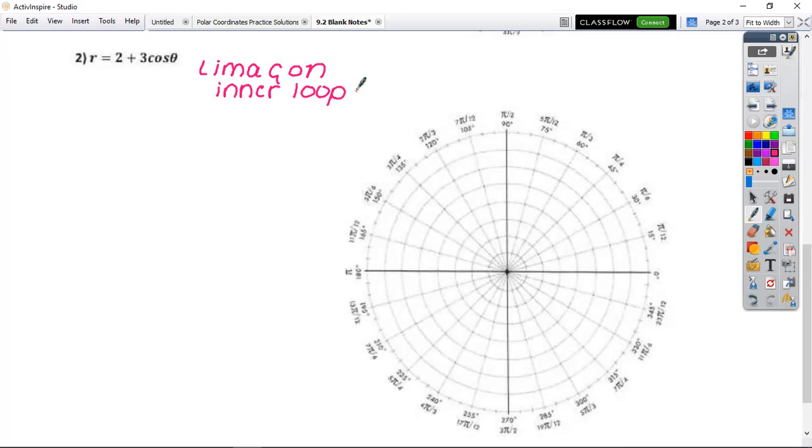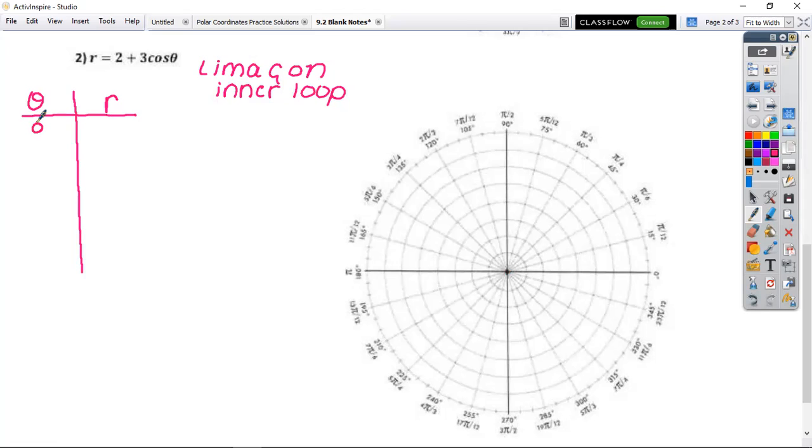So I'm going to go and I'm going to create my table again. Let me set up the table first. So I'm going to go theta. And I'm going to go radius. And you're going to get as many of these as you feel you need. Obviously, you need a bunch. You don't need a ton. So I'm going to go 0.